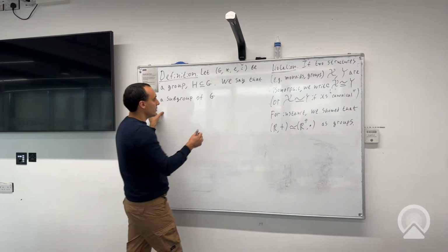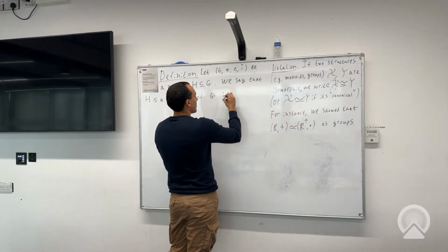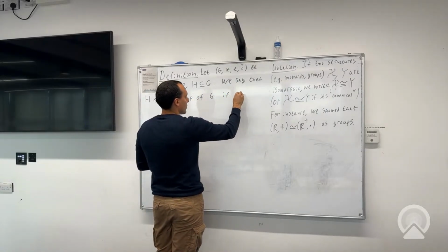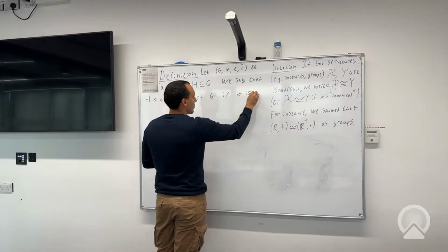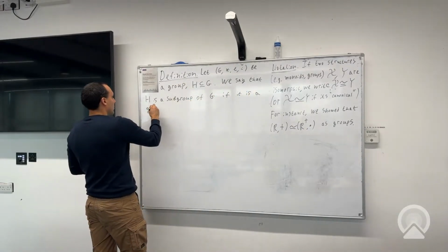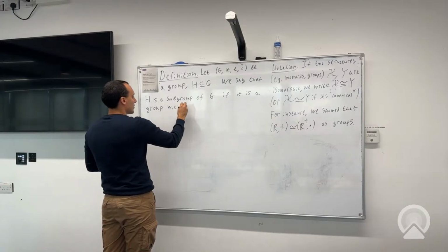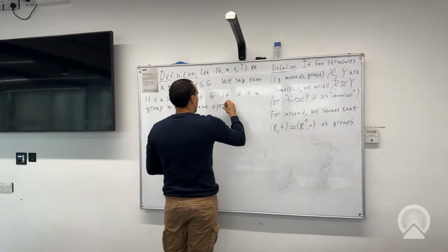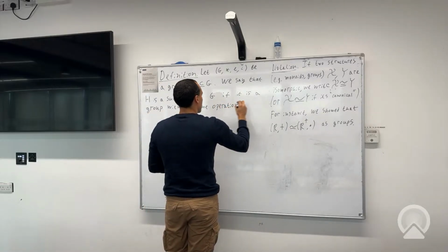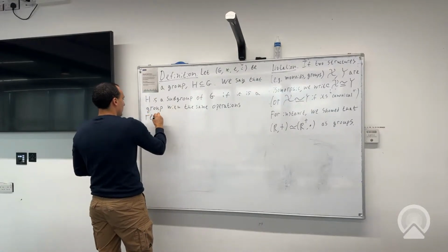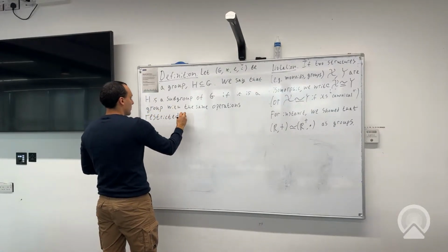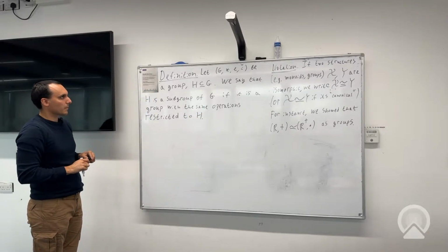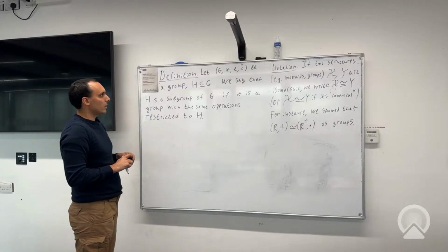So H is a subgroup of G if it is a group with the same operations restricted to H. So we need to have that.